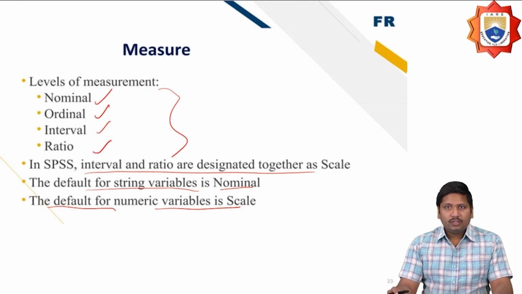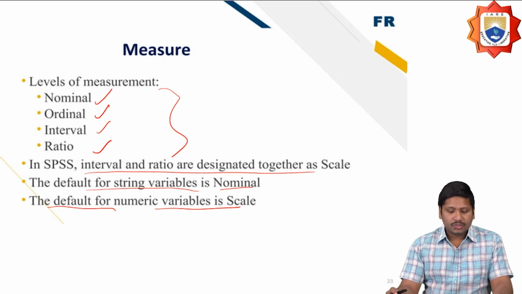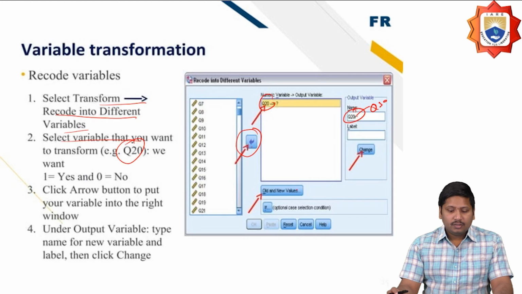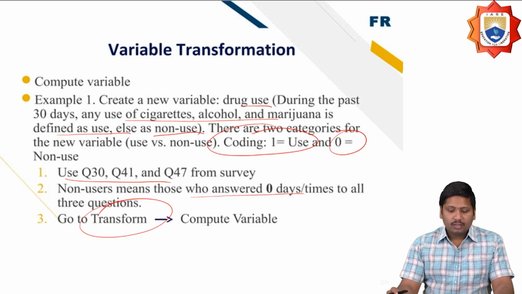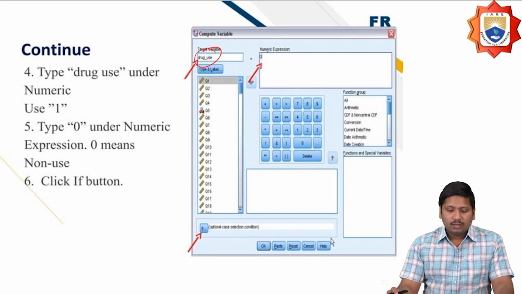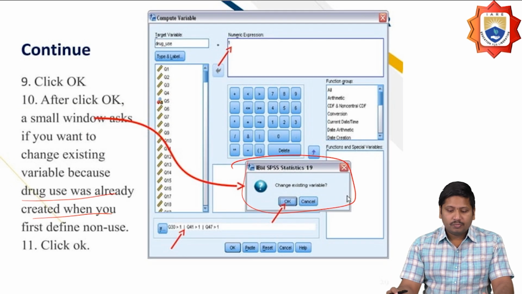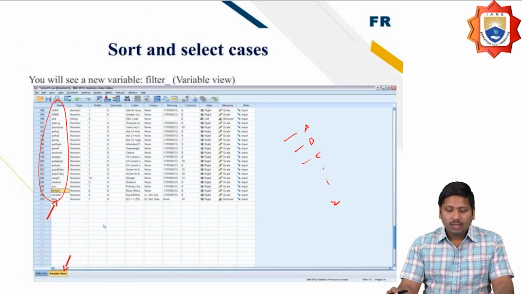And various kinds of measurement should also be considered, like nominal, ordinal, interval, and ratio scale. And finally, save the data file. Then variable transformation can be done through the steps I showed here previously. For that we first have to recode the variables, deciding which variables are going to be recoded, then compute the variables, then perform the transformations step by step, and you can also sort the cases.